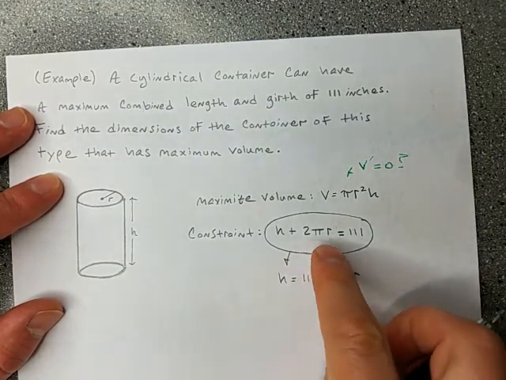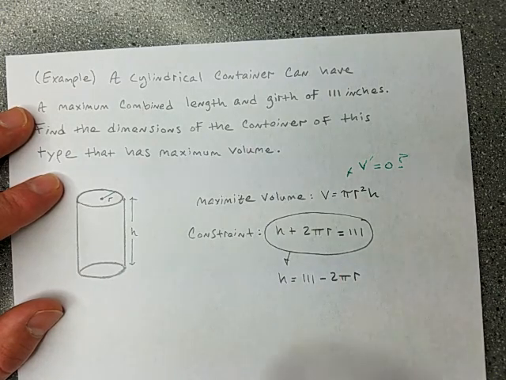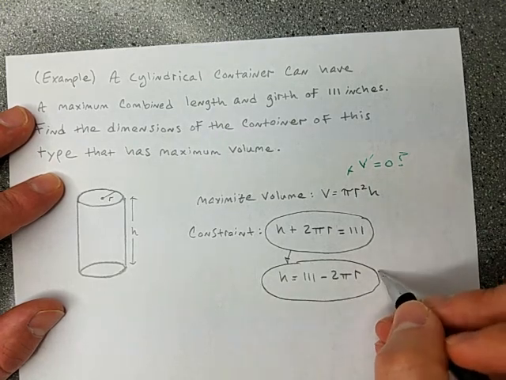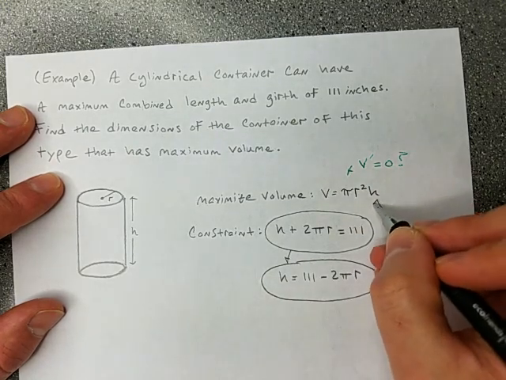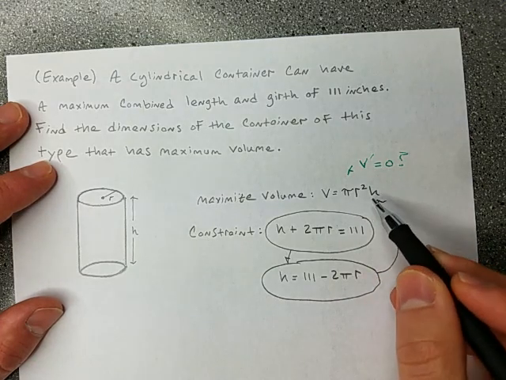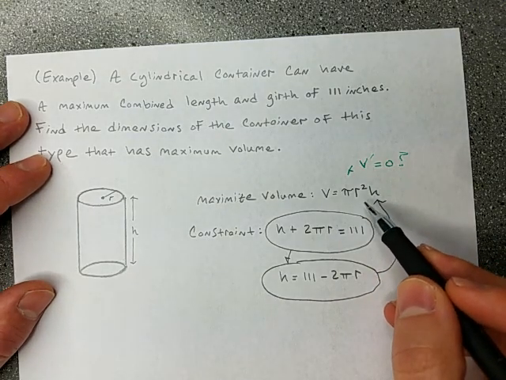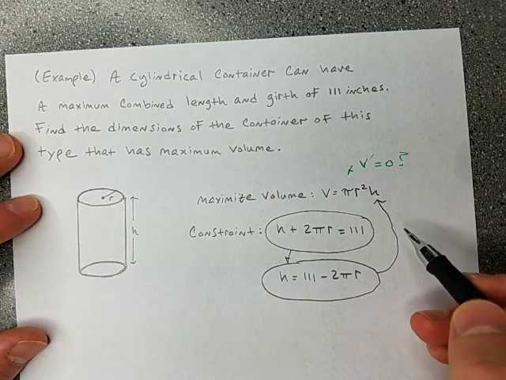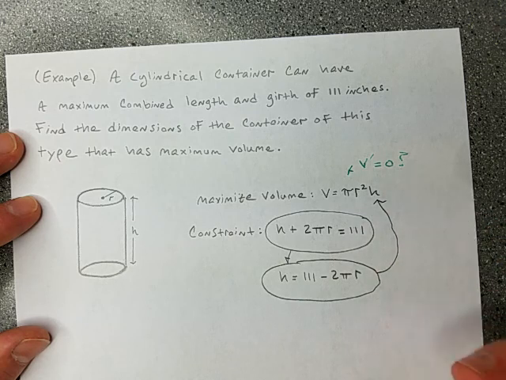I'll just subtract 2 pi r from both sides. And then I can substitute that in here, and then that will be a function of only one variable. It will just be a function of r instead of r and h, as it is now. And then I'll work on the derivative of that and set it equal to 0.